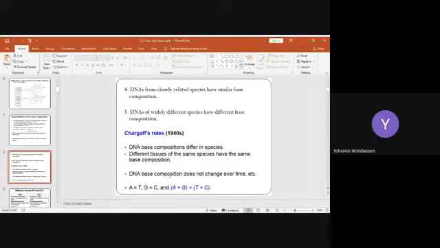So DNA base composition does not change over time.